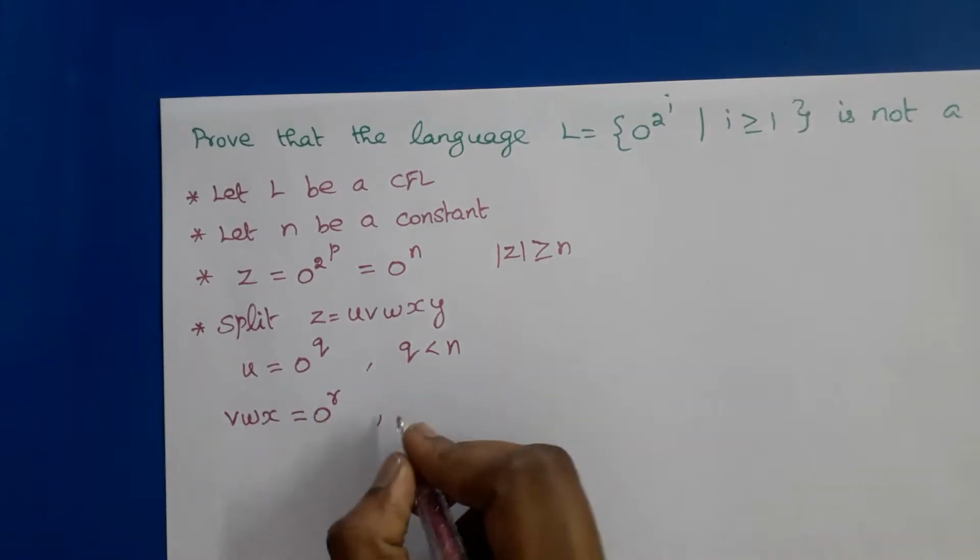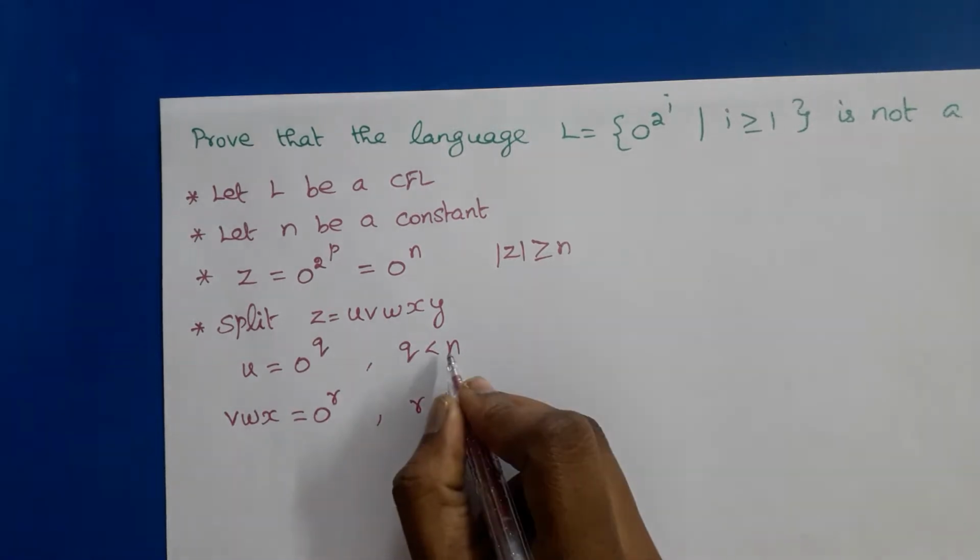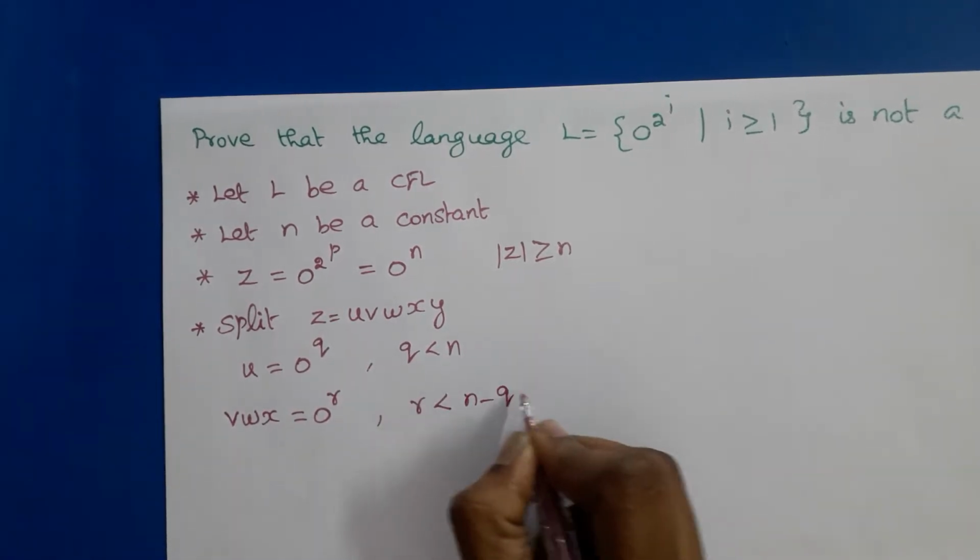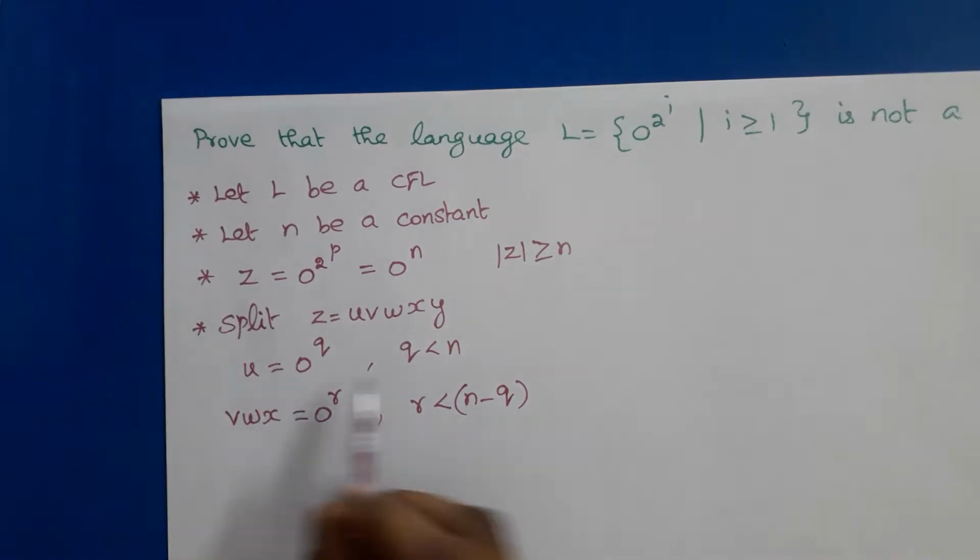So here R must be less than N minus Q, right? N is the total number of zeros.